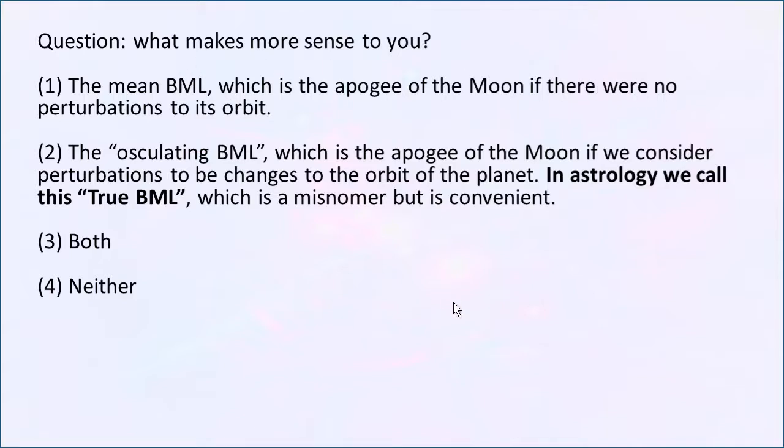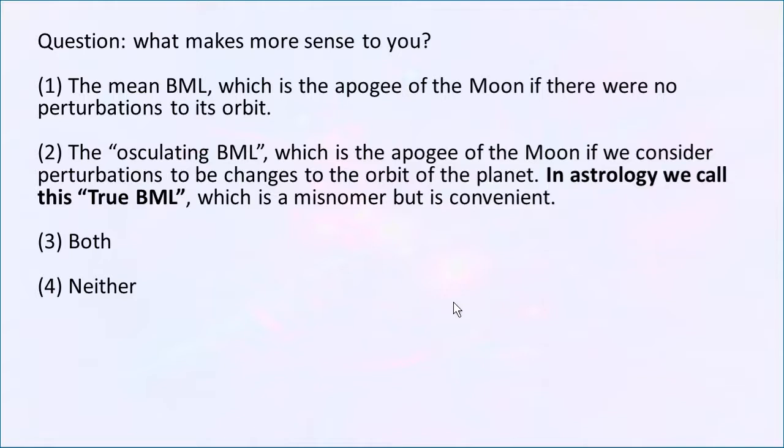If there was only the rotation of the moon's path, as that whole path rotates around, that gives us the mean Black Moon Lilith. Or should we use the osculating Black Moon Lilith, which is the apogee of the moon if we consider all perturbations to be changes in the orbit of the planet?